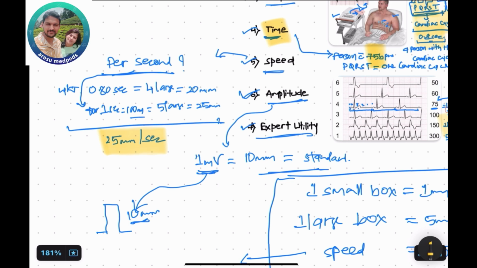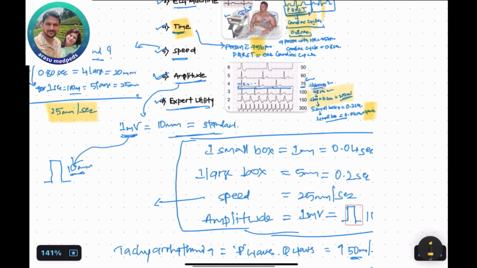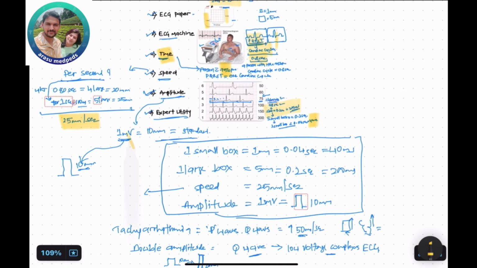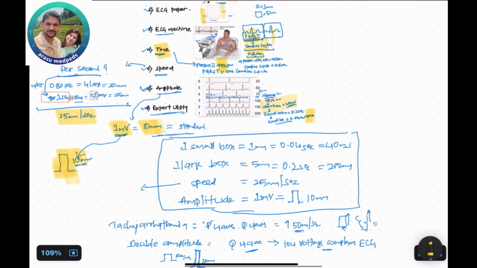This we have discussed. Coming to the amplitude, it is nothing but the electrical waves generated by the heart. So 1 millivolt should give rise to 10 mm. This we can see at the left hand corner of the ECG paper. It should be a 10 mm spike, that is considered as standard.